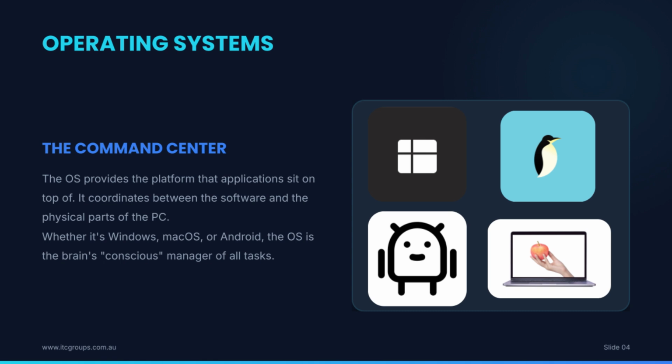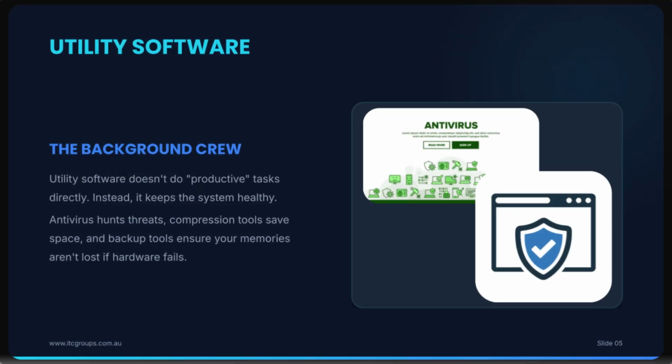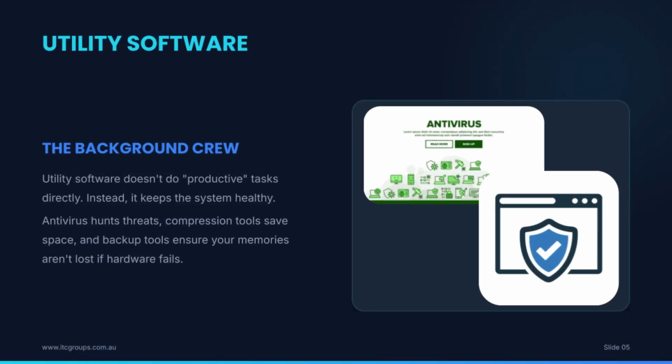Windows, Mac OS, Linux, Android, these are all operating systems. Application software is the stuff you actually use day to day: word processors, browsers, games, media players. And utility software is the maintenance crew working in the background: antivirus programs, disk cleanup tools, backup software, compression tools, things that keep the system healthy rather than doing productive tasks directly.